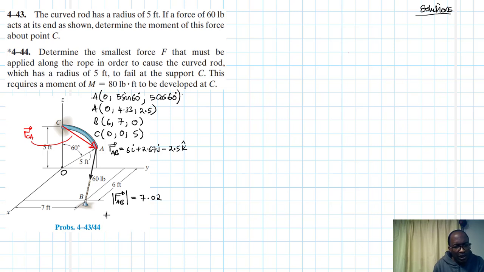Alright. Then let's find RCA. We need that. RCA is A minus C, A minus 0 is 0. 4.33 minus 0, that is 4.33j.